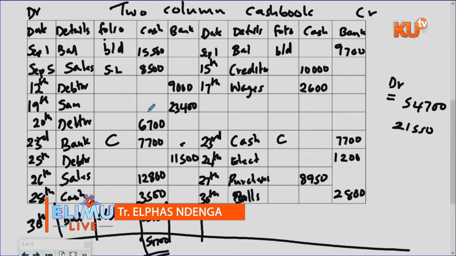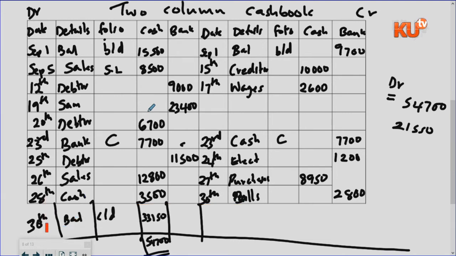On the debit side, we have 9,000 plus 23,400 plus 11,500. 43,900.